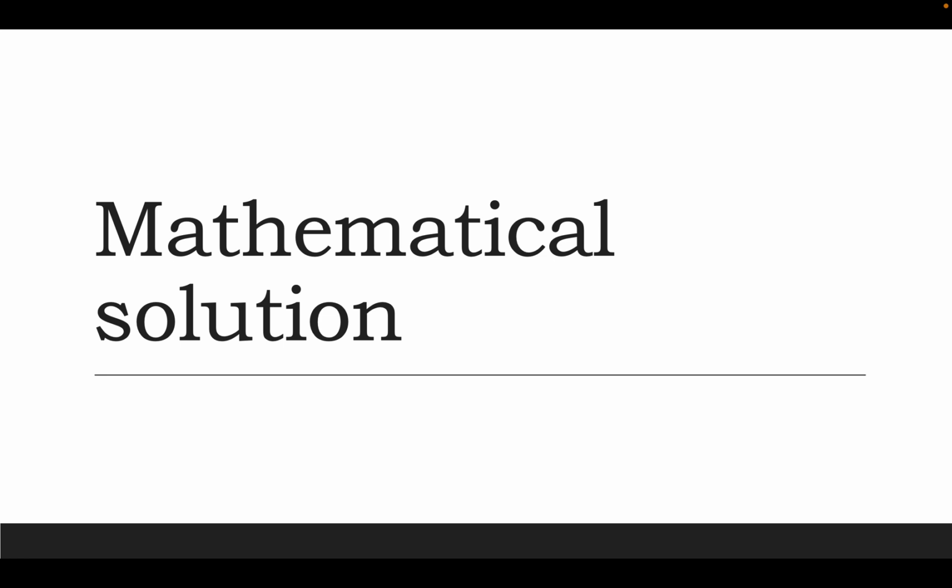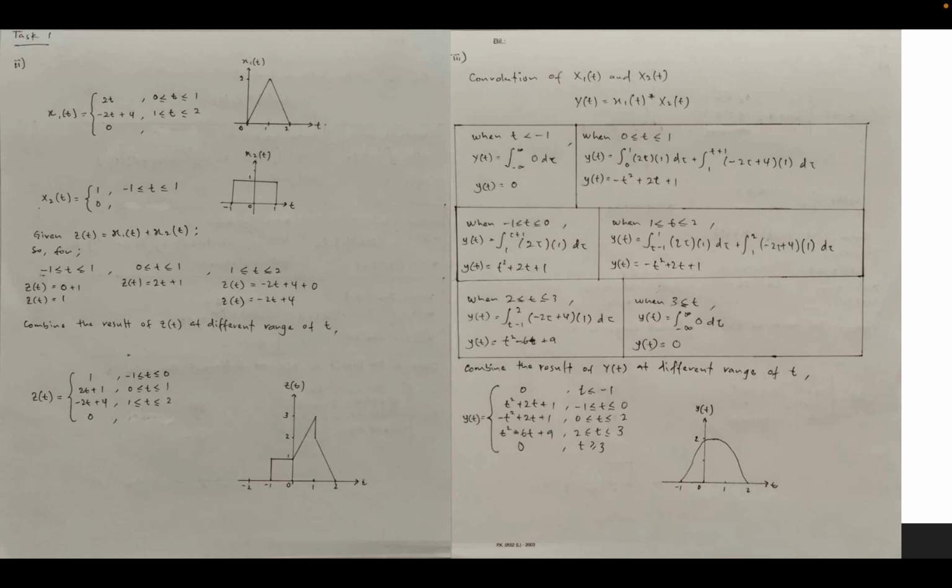And so this is the mathematical solution for task 1. For task 1, given two signals, first x1(t), the triangular signal, and this is the step function for x1, and for x2, this is the step function for the rectangular signal.